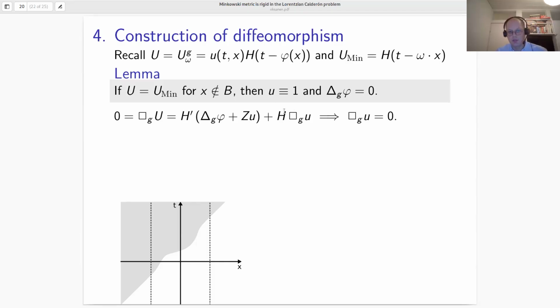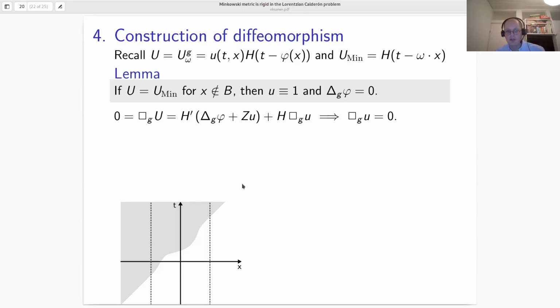This term is easy. There is this Heaviside, which is evaluated at the same point, at t minus phi of x, so I just hide it here. But then the wave operator has hit U, and there is some derivative of Heaviside, which is of course delta times something smooth here. And this derivative of Heaviside, which is delta, lives on this interface only.